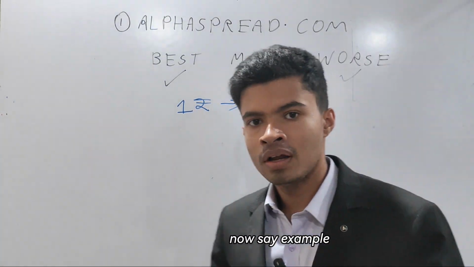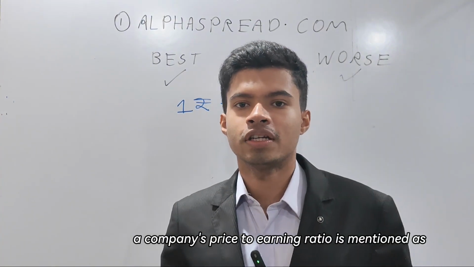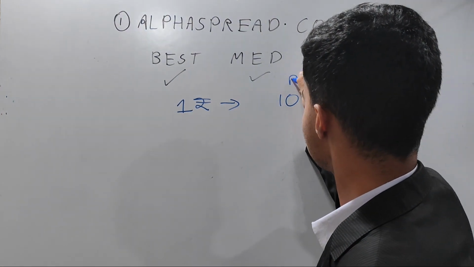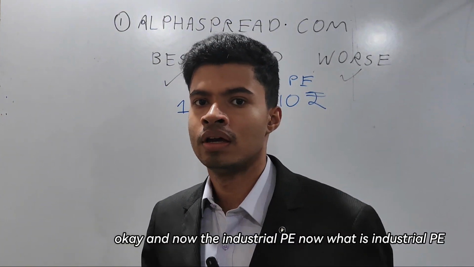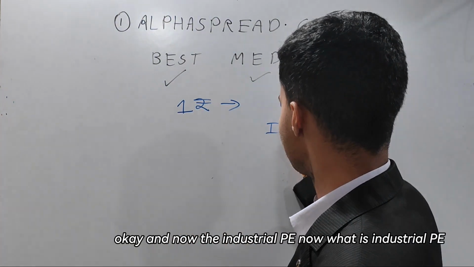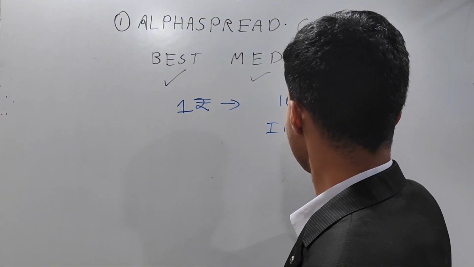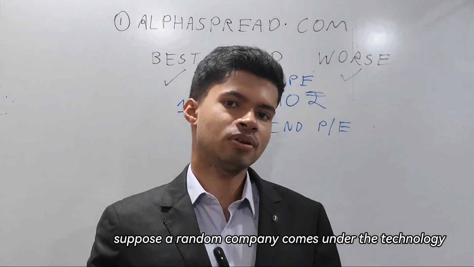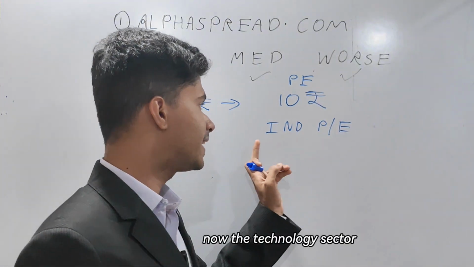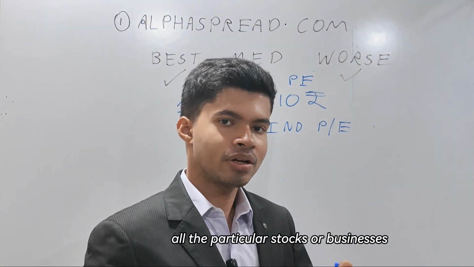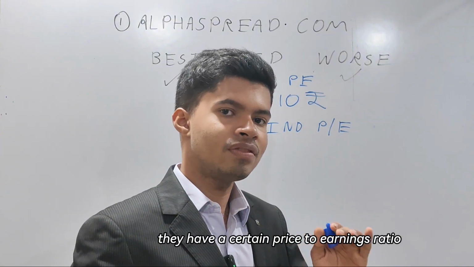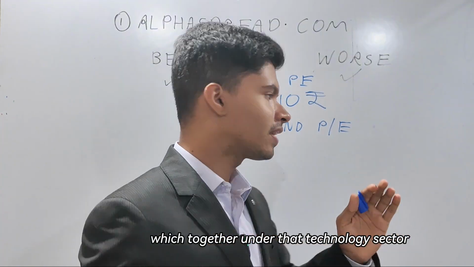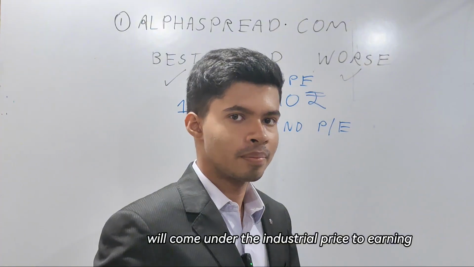Now say for example, a company's price to earning ratio is mentioned as 10 rupees. Any company, okay? And now the industrial PE, what is industrial PE? Suppose a random company comes under the technology sector. Now all the stocks or businesses in the technology sector have a certain price to earnings ratio, which together under that sector comes under the industrial price to earning.